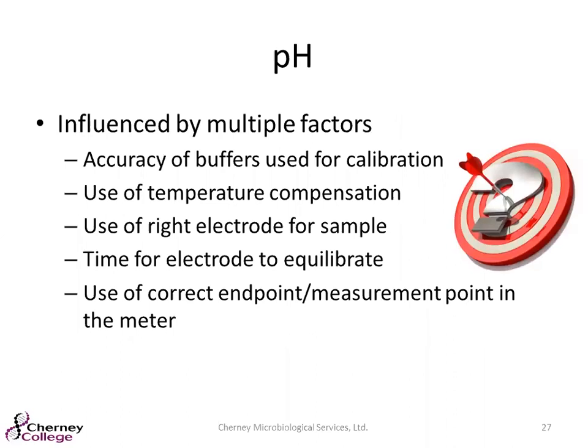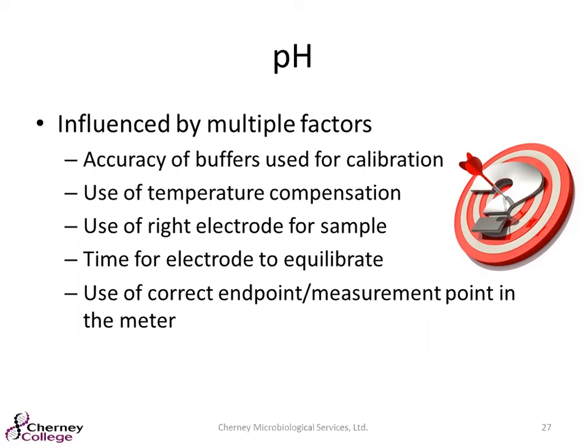Another critical piece for proper pH is making sure your buffers are good, because they are not good forever. If you buy a 4-liter gallon of a pH buffer, it will not last you until it's empty. As it's exposed to the air, to temperature, to time, they will start to degrade.